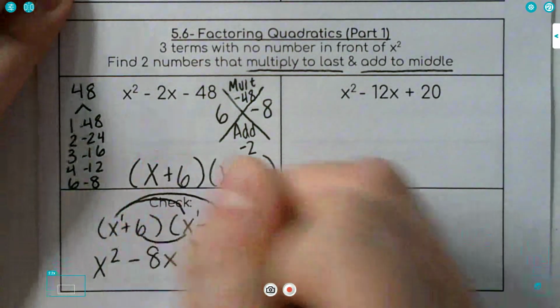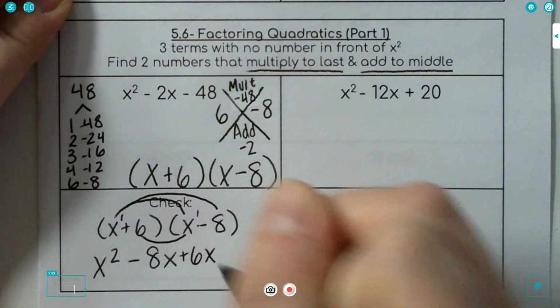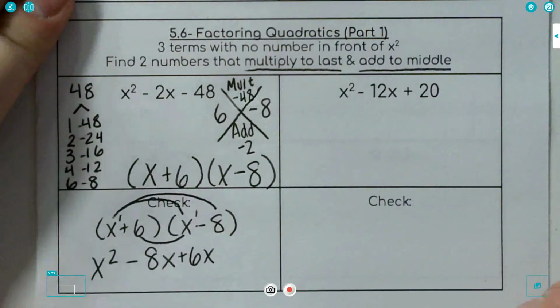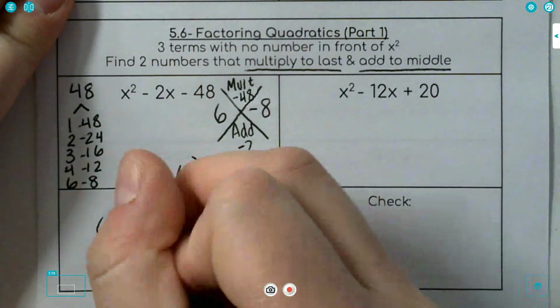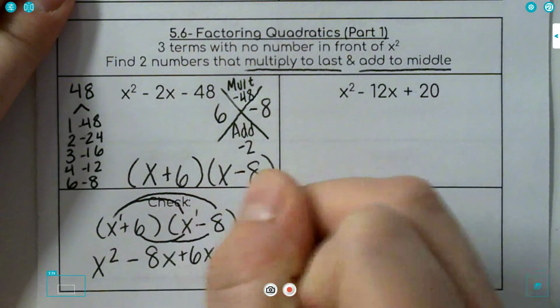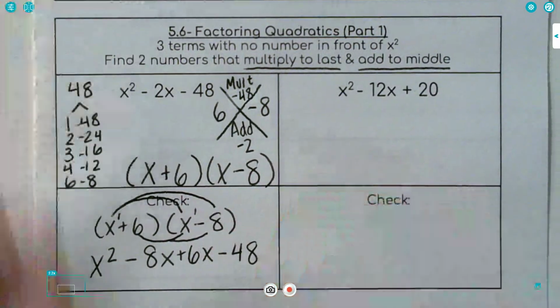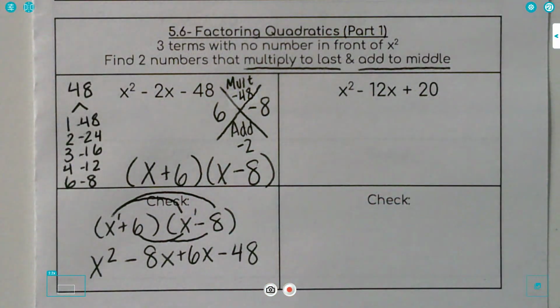6 times x is 6x. And 6 times negative 8 is negative 48. Any questions about the multiplying?